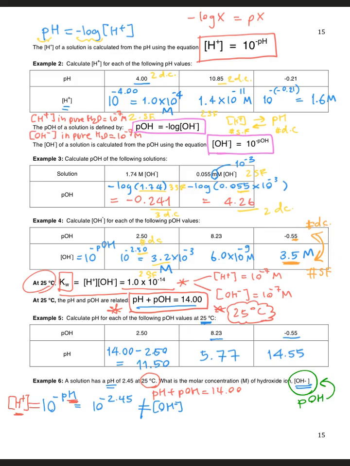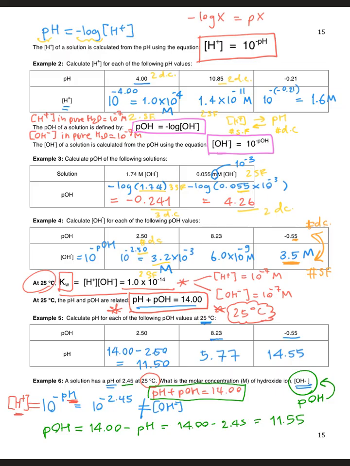So that means in this case, we need to find pOH from this relation at 25 degrees Celsius, where pOH equals 14 minus pH. You are going to get 14 minus 2.45, which is equal to 11.55. Okay, this indicates that this solution is acidic because pH is below 7, but pOH is greater than 7.